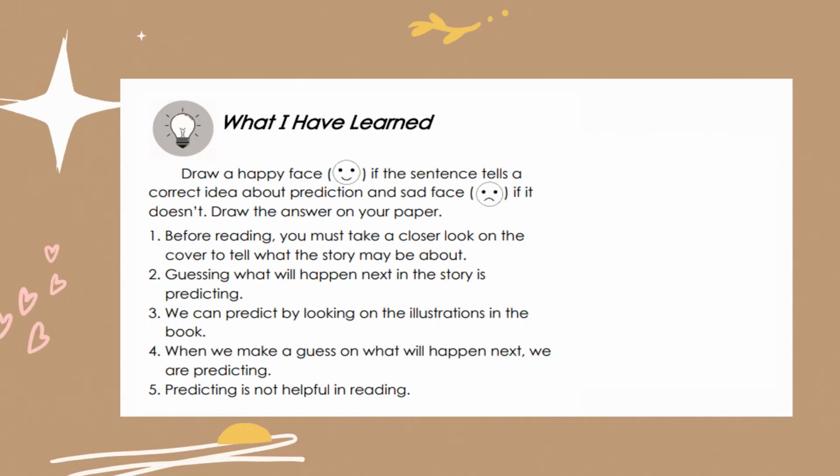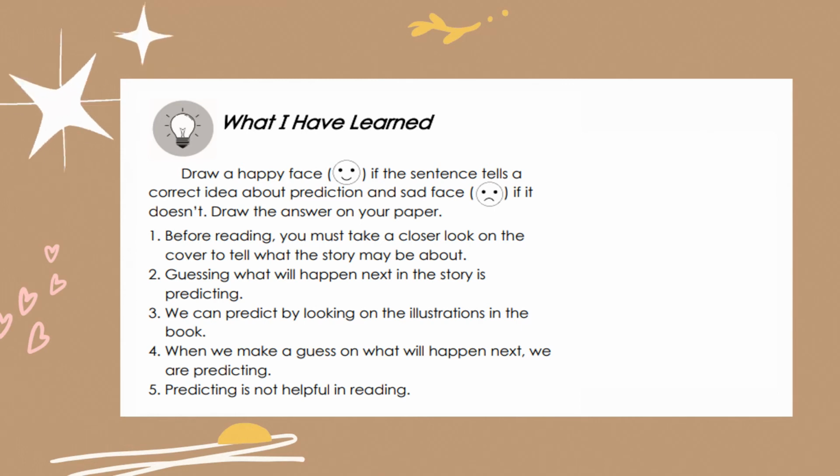For what I have learned, draw a happy face if the sentence tells a correct idea about prediction and sad face if it doesn't. Draw the answer on your paper. Number 1, before reading, you must take a closer look on the cover to tell what the story may be about.